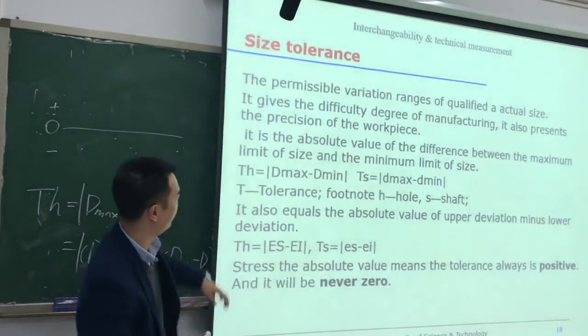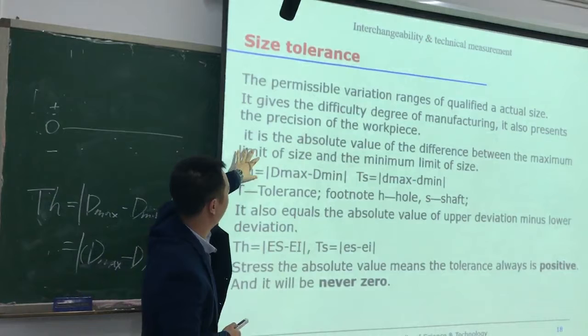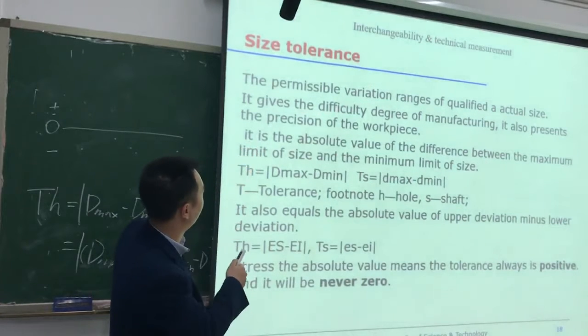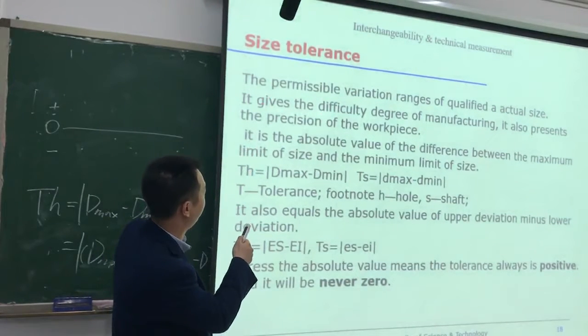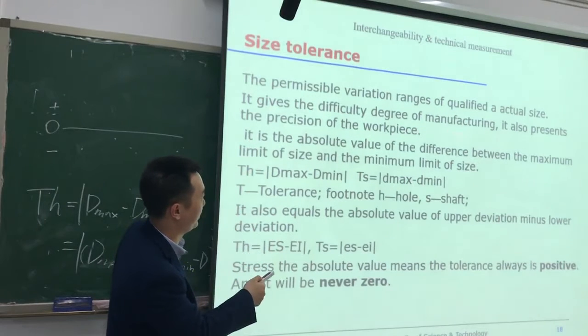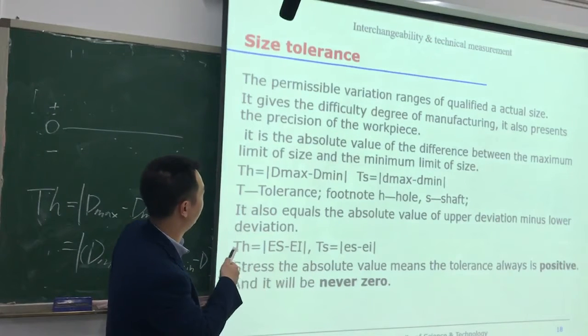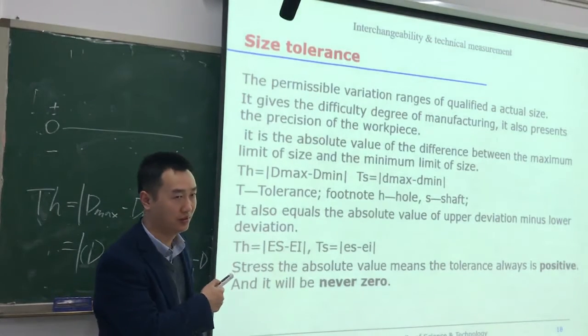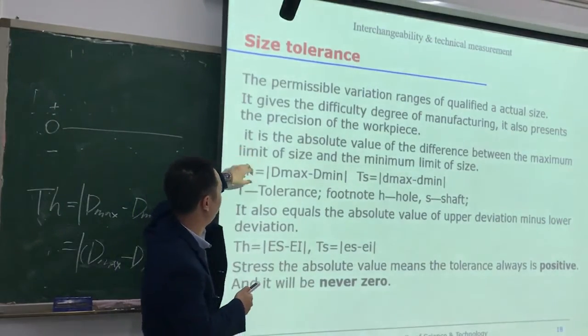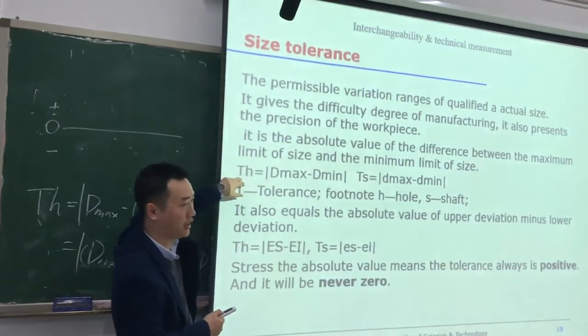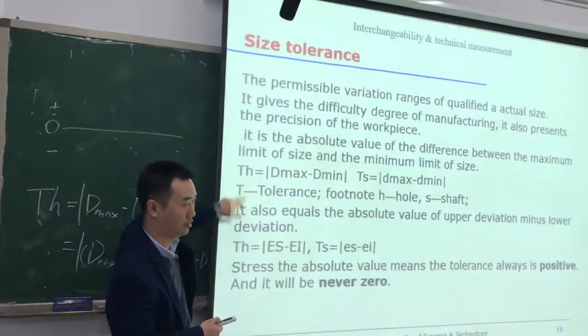Do you understand the meaning of these words? Tolerance gives the difficulty degree of manufacturing, and it also represents the precision of the workpiece. The tolerance value can be calculated according to these two equations.